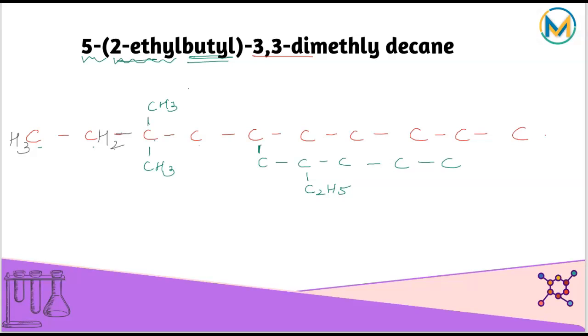This will be H2, this will be H, H2, H2 here, H2 here, H2 here, and H3 here. This will be H2, this will be H, H2, H2, and H3. That's our structure: 5-(2-ethylbutyl)-3,3-dimethyldecane.